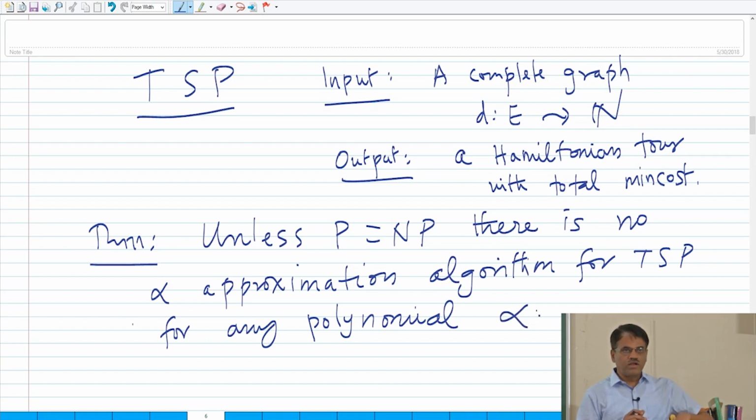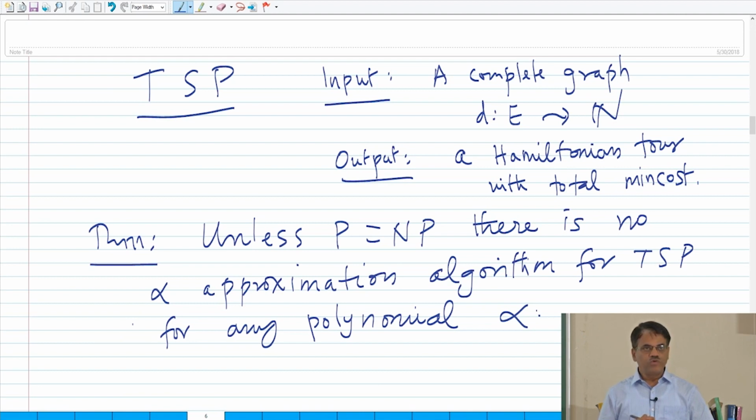This problem is so hard. For vertex cover, we had ratio 2, ratio log n kind of approximation algorithms. Here I am going to say that you really cannot approximate it to any polynomial ratio, of course unless P is equal to NP, because then you can actually solve it in polynomial time.